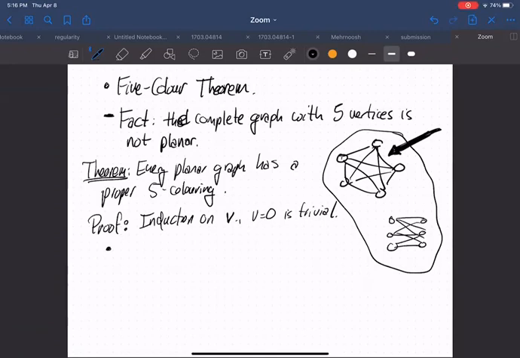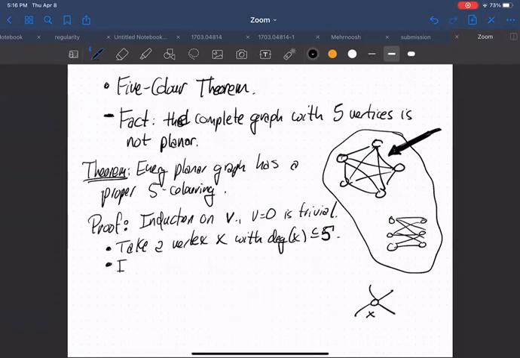So we're going to use that result. We take a vertex x whose degree is less than or equal to 5. So far, the same thing. We find our vertex x.